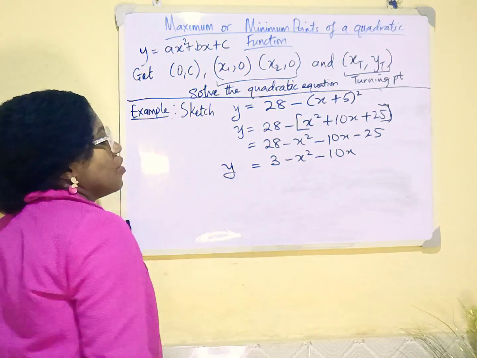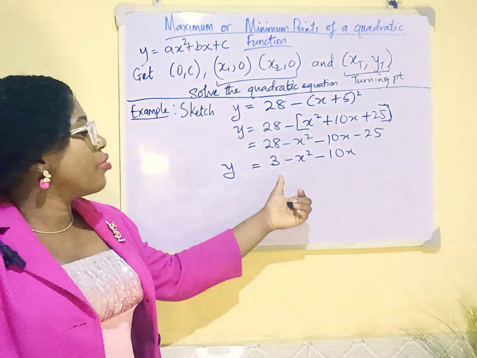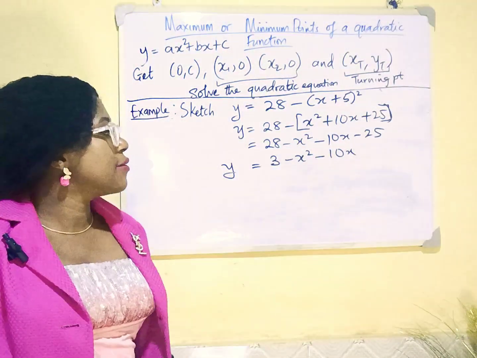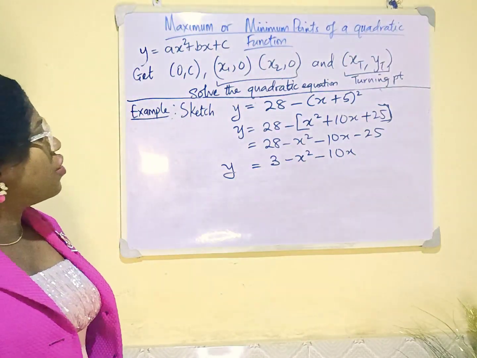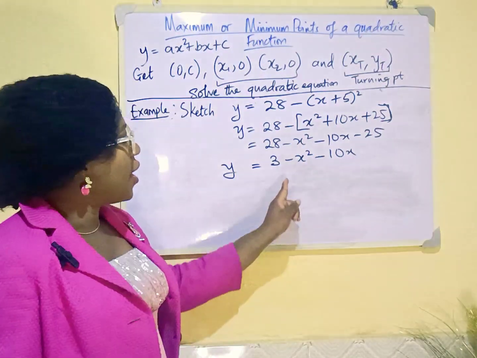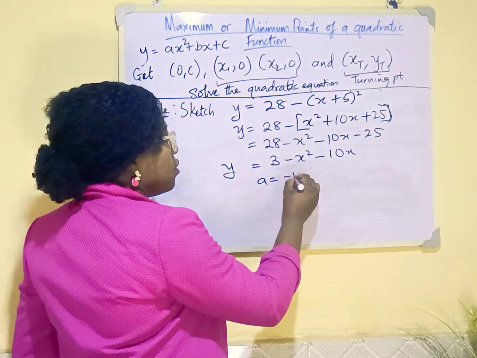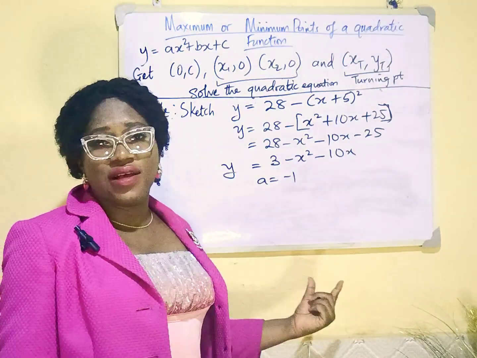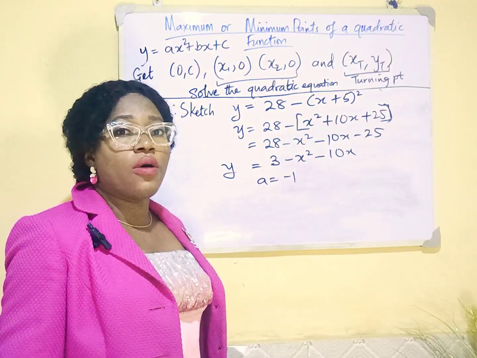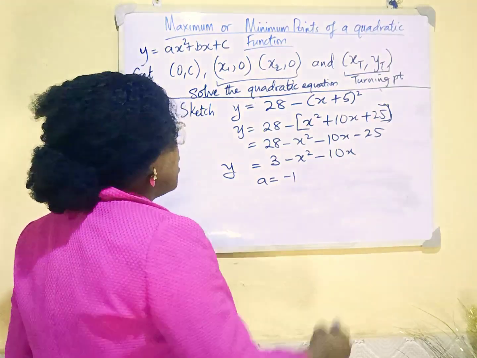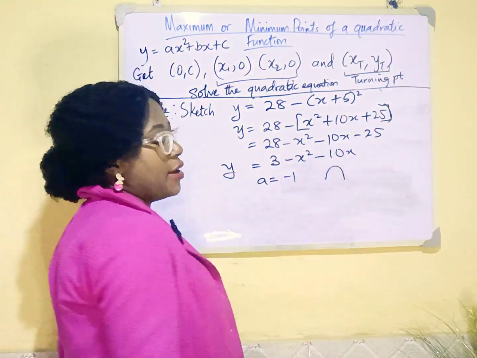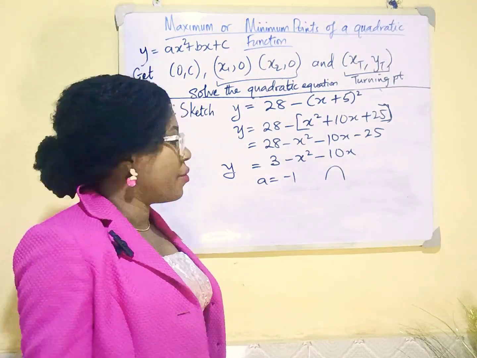So in the real sense, we are sketching y is equal to 3 minus x squared minus 10x. In this equation, you should easily see that our a, which is the coefficient of x squared, is minus 1. So minus 1 is less than 0, negative, right? So our curve is going to be a downward curve, n, for you to remember.